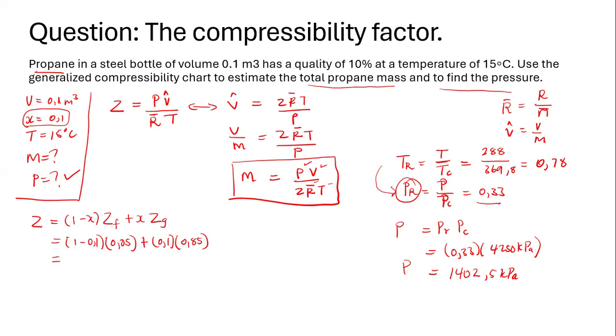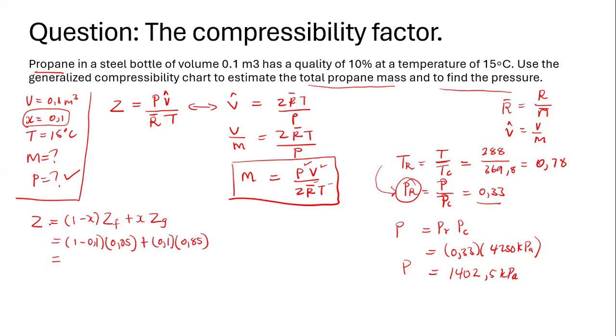And then when we perform our calculations, let me use my calculator. I'm going to say 0.9 multiply by 0.05 plus 0.1 multiply by 0.85.